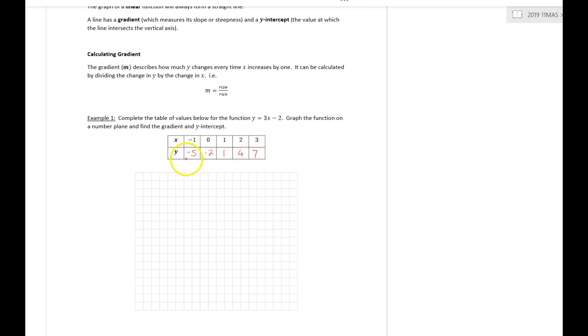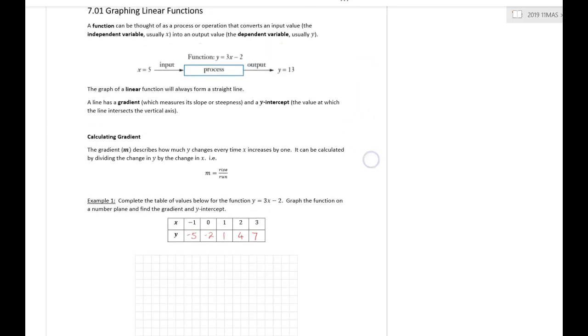You can see that because the x's are increasing by 1 each time, the y's are increasing by 3 each time. Every time x increases by 1, y increases by 3. That's my gradient. That's a really important property of a linear function. The slope or the steepness, in fact the rise over the run if you like.